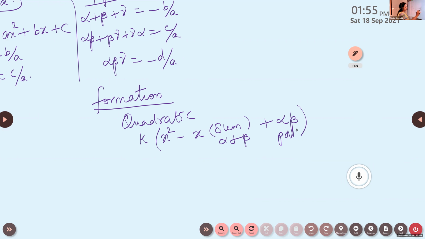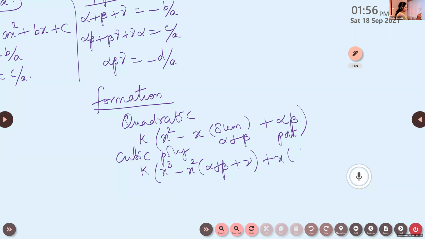And for a cubic polynomial, it is k into x cube minus x square into (alpha plus beta plus gamma) plus x into (alpha beta plus beta gamma plus gamma alpha) minus alpha beta gamma.